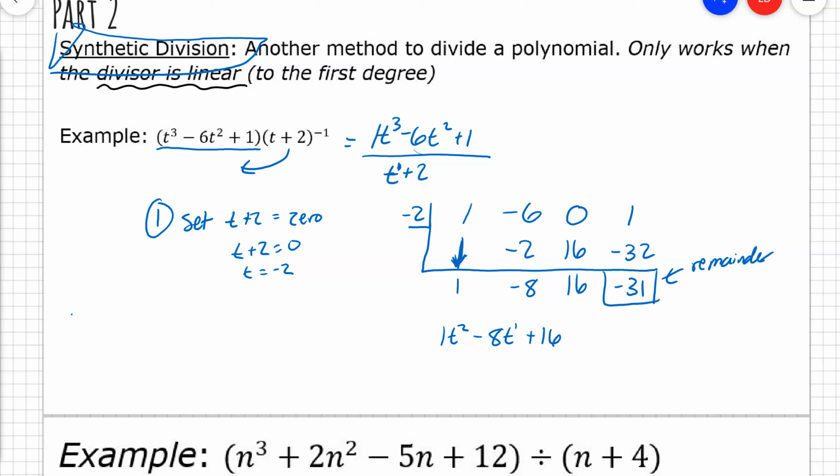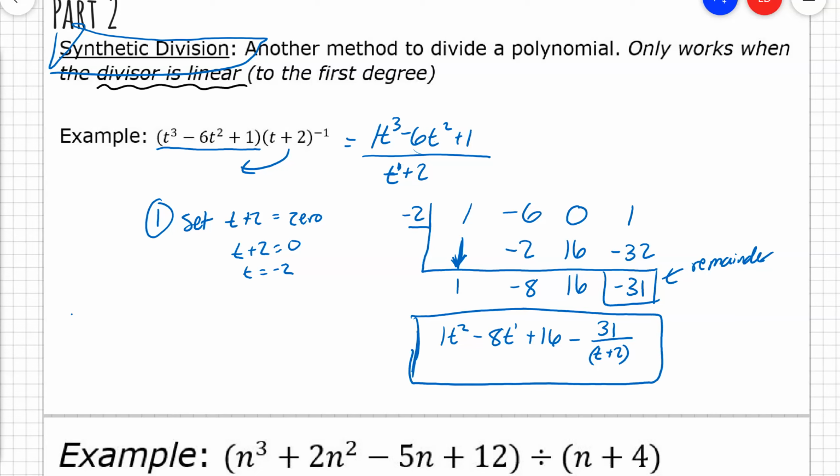But we do have a remainder, so we subtract 31 divided by our divisor, which is t plus 2. And there's our final answer.